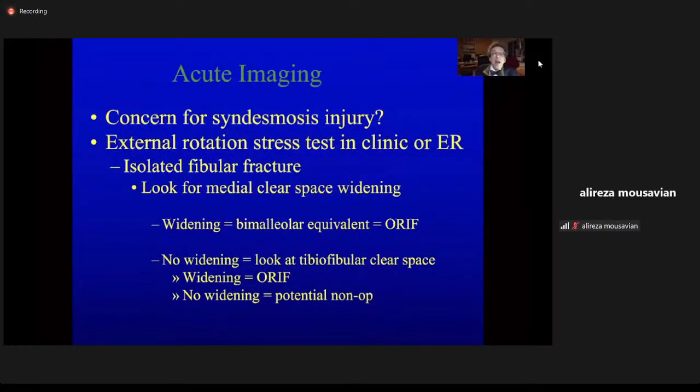So if we have a concern for a syndesmotic injury, but we don't see the injury on the x-ray, then we may do an external rotation stress in the clinic or ER. Also, we would do that and look for the syndesmosis as well as the deltoid or the medial clear space widening.